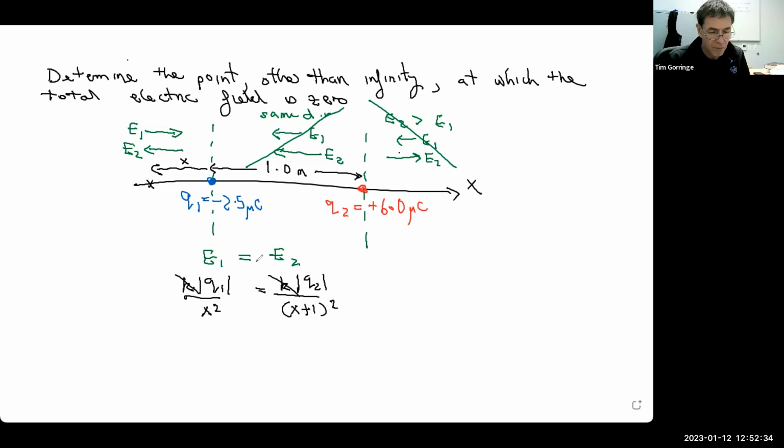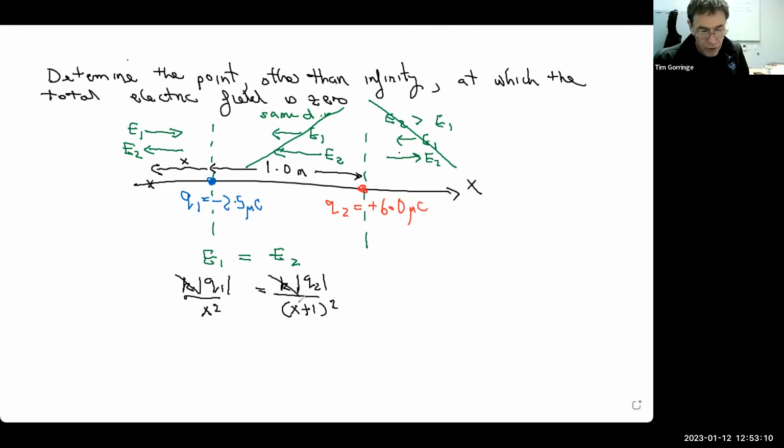Now we're going to start the more mathematical, algebra-based process of solving this equation, given that we know Q1 and Q2, for the value of x. The first thing that I did was take x squared from the bottom of the left-hand side to the top of the right, and x plus 1 squared from the bottom of the right-hand side to the top of the left, to get these factors out of the denominators.